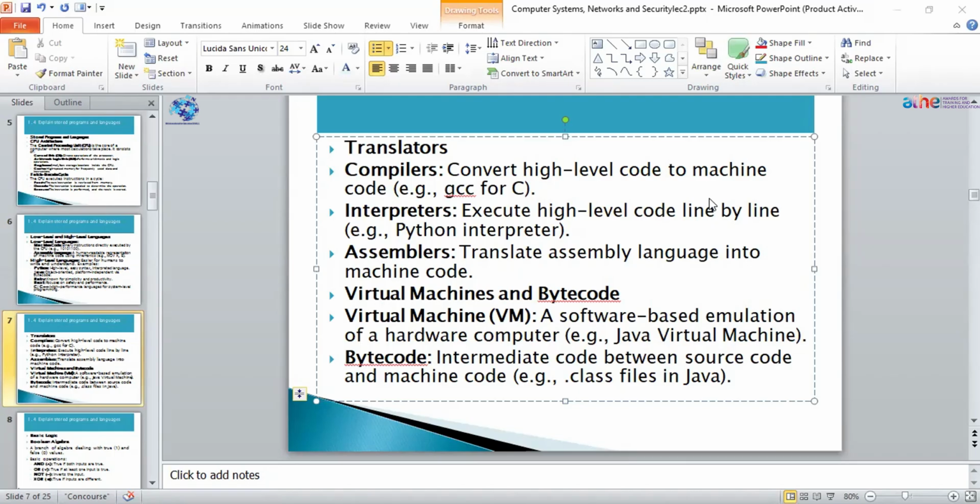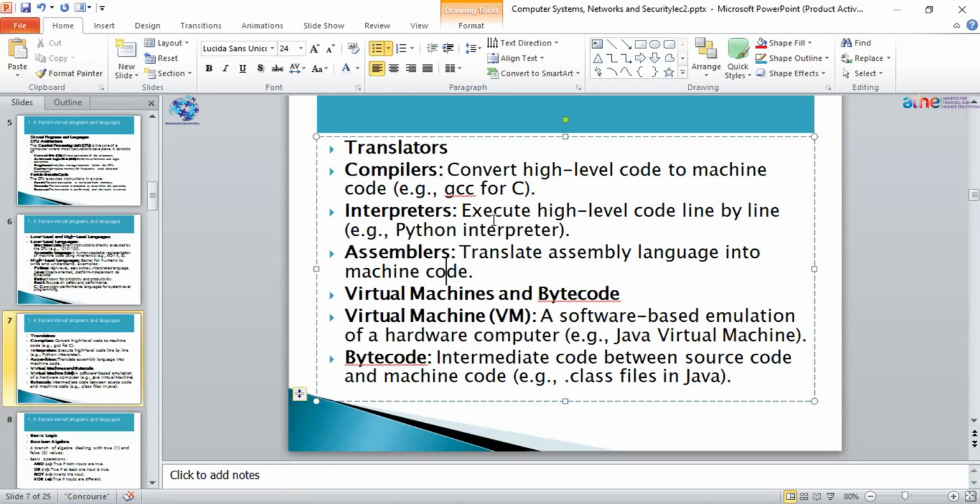As I told you, the languages that are closer to humans but far from computers. So these translators will translate the high level code into machine code, and then it can be directly understood by the computers.